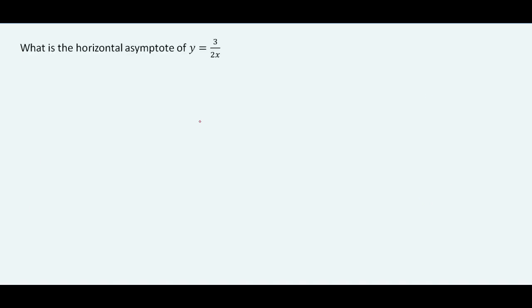Let's put this to practice. What is the horizontal asymptote of y equal to 3 over 2x? Let's look at the degree of the numerator. The degree of the numerator is 0, and the degree of the denominator is 1.